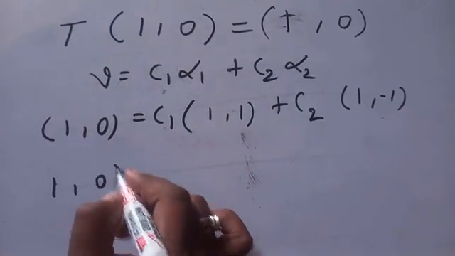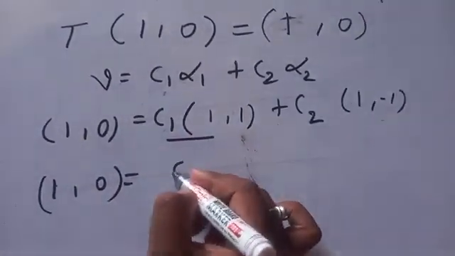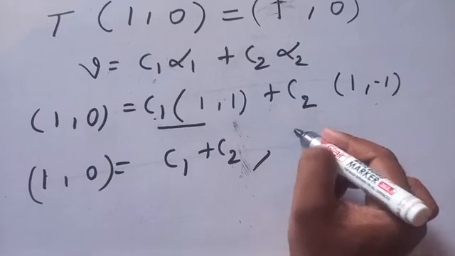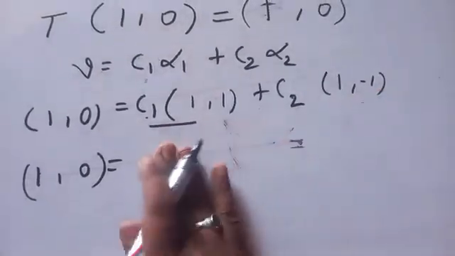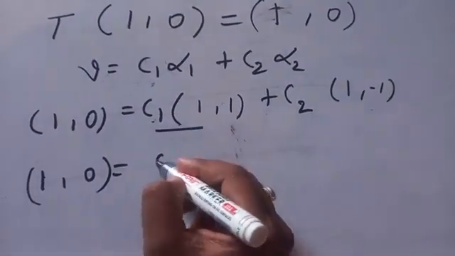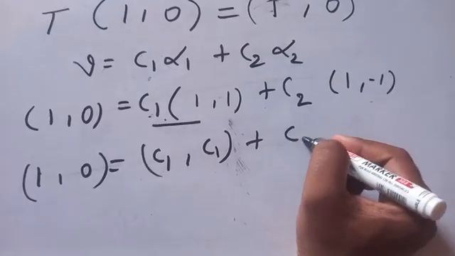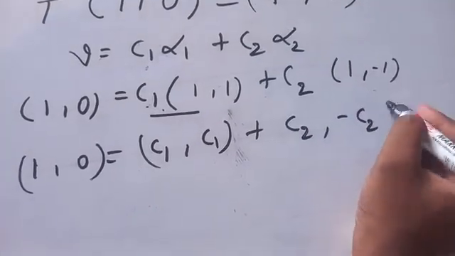So (1, 0) equals c1 plus 1 into c2: 1 into c1 is c1, 1 into c1 is c1, plus 1 into c2 is c2, minus 1 into c2 is minus c2.